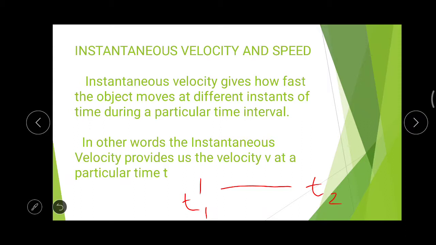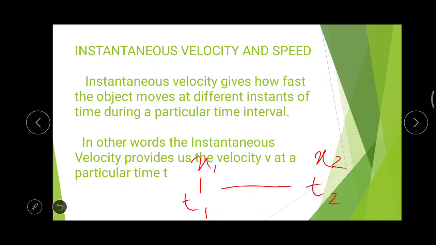The average velocity means the velocity with which the body moved in between these two time periods: delta x, or x2 minus x1, divided by t2 minus t1.